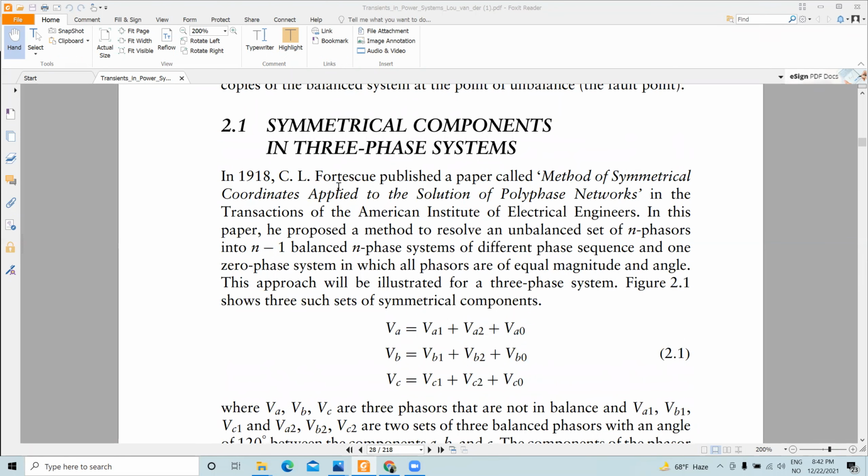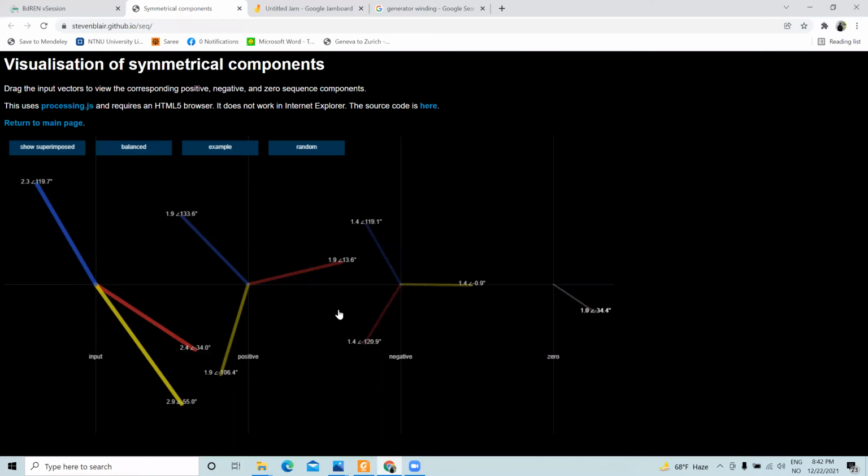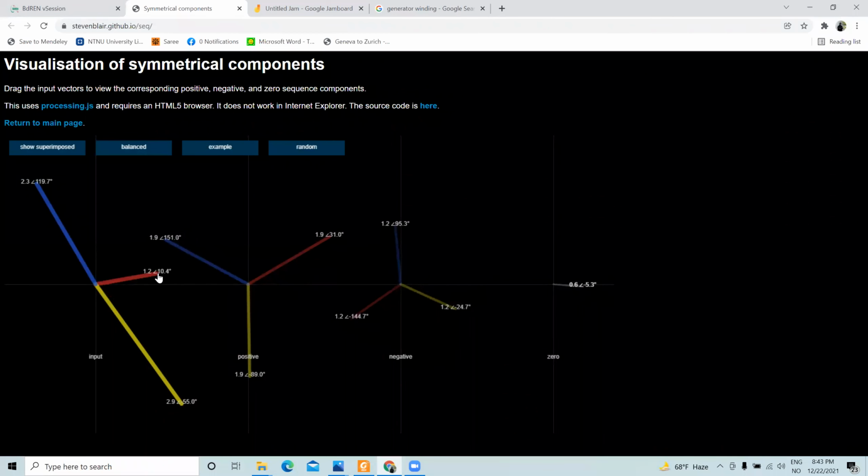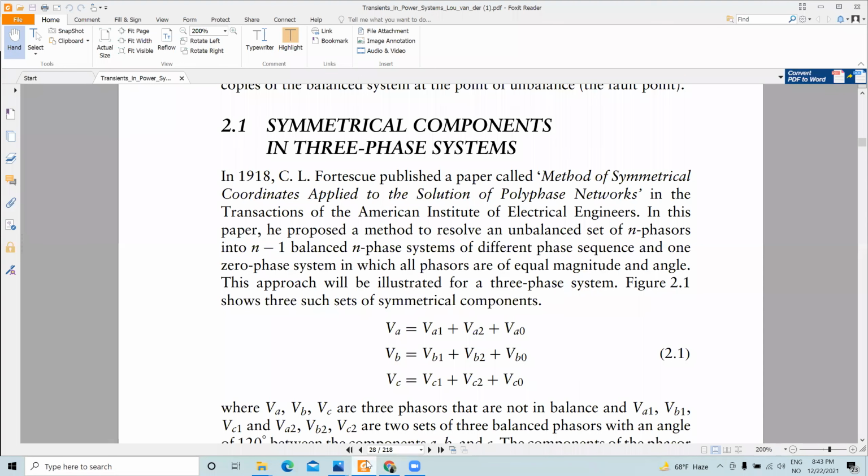So here are the equations for the symmetrical components in a three-phase system, where VA, as I have shown here, this can be the red line, VA can be written as the sum of the positive sequence, negative sequence, and zero sequence components, like VA1 plus VA2 and VA0, where VA1 and VA2 are the positive and negative sequence, and VA0 is the zero sequence component here.